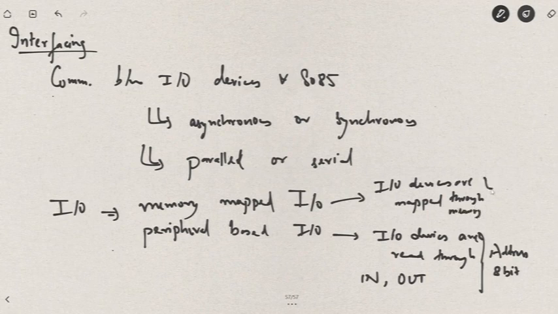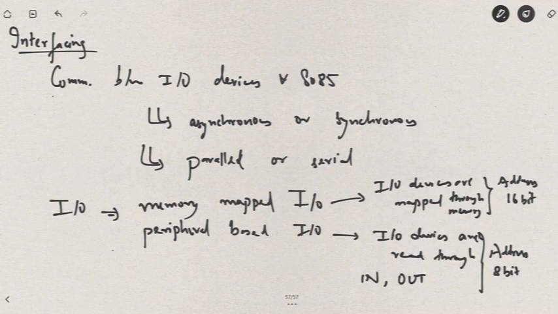Since they are mapped to the memory, the address of such I/O devices will be identified as 16-bit. So for data transfer between the I/O device and the microprocessor using IN and OUT instructions, it will be simple.